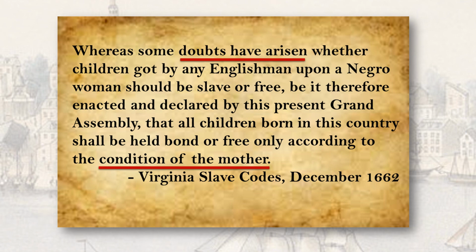In other words, there are children walking around who have been the result of a relationship, probably not a consensual one, by an Englishman with a black woman. And questions are out there whether or not we should regard this person as a slave or as a free person. And so the assembly is answering this question, following in the condition of the mother.